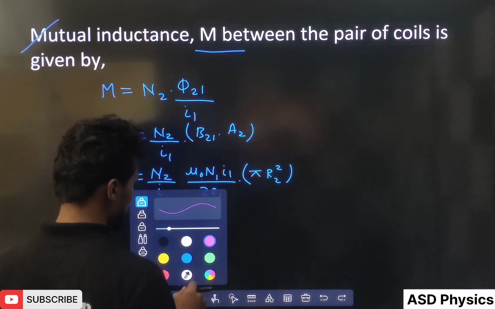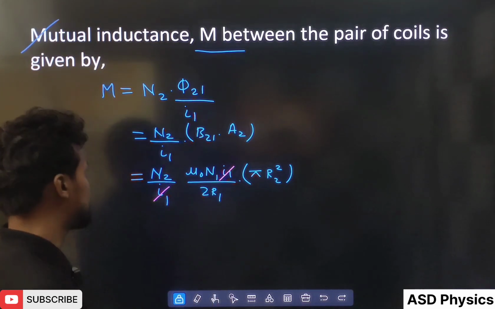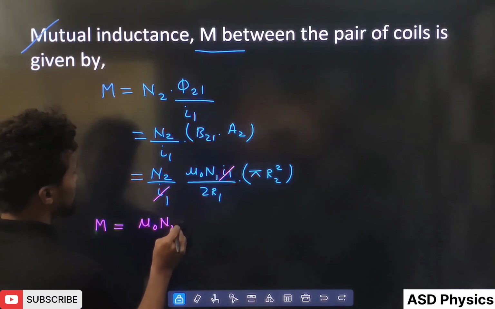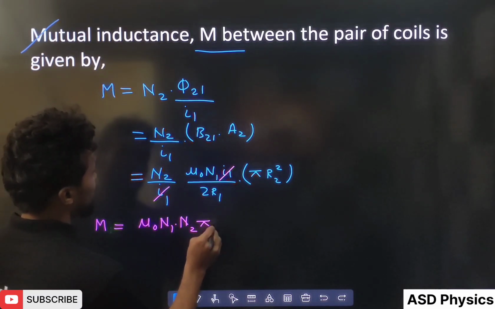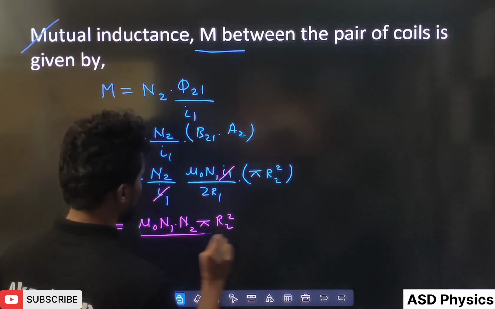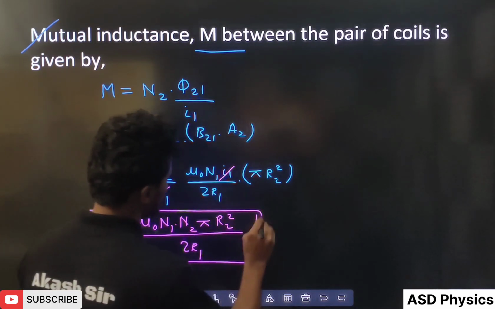Okay. Now let's cancel. What other things are going to cancel? You can see here current I1 and current I1 cancel. That means this capital M is given by mu naught N1 N2 pi R2 square by 2R1. Okay, this is my formula.